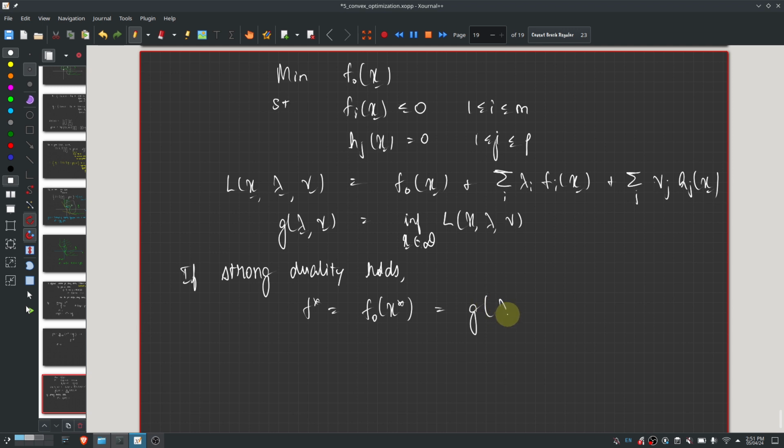It is g of some lambda star nu star, where x star satisfies the constraints, lambda star is greater than or equal to 0. So lambda star nu star correspond to the maximizer of G, and x star corresponds to the constraint minimizer of F.